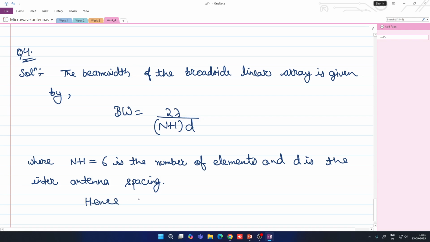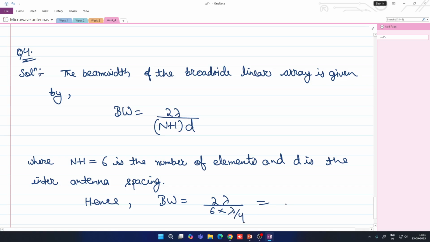Now we just directly put the values in the formula. The beam width is given by 2 lambda divided by 6 times the inter-antenna spacing, which in the problem is given as lambda by 4.